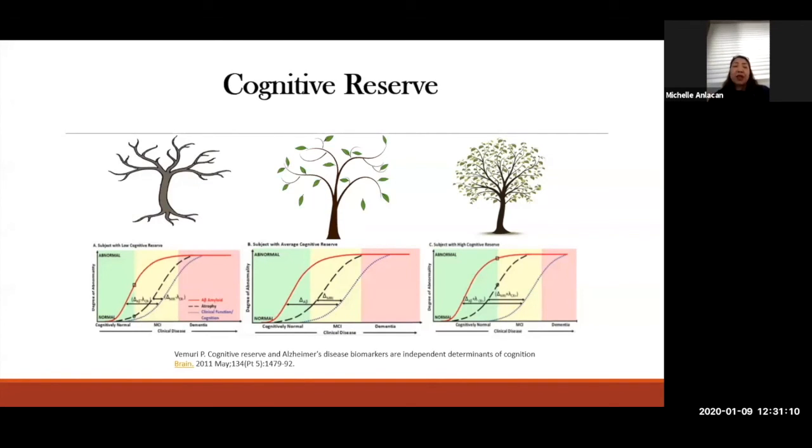So there on the left, I have a tree with very few stems and branches, and on the right, I have a very healthy tree. That's what we want our brain to become. We want it to become a very organized tree with all the leaves and all the branches. How can you do this?